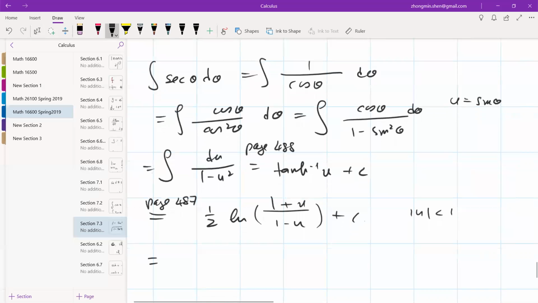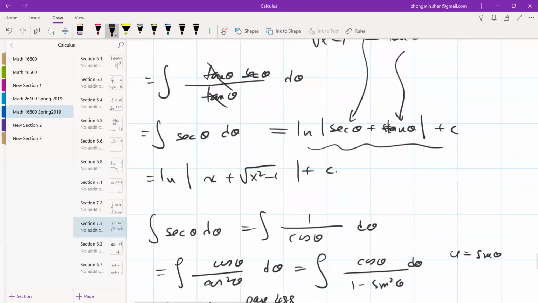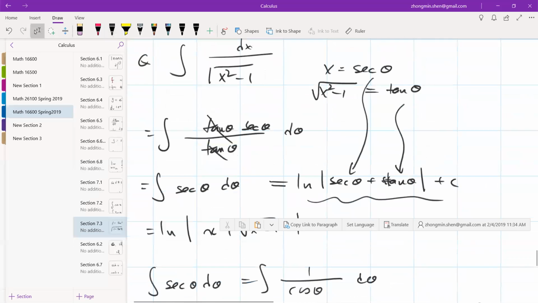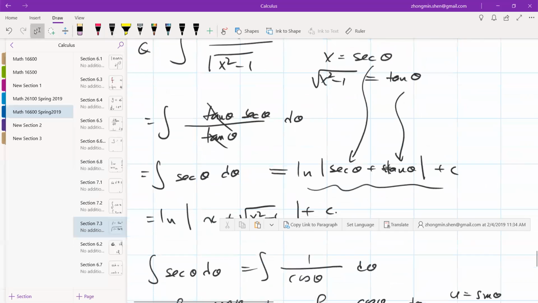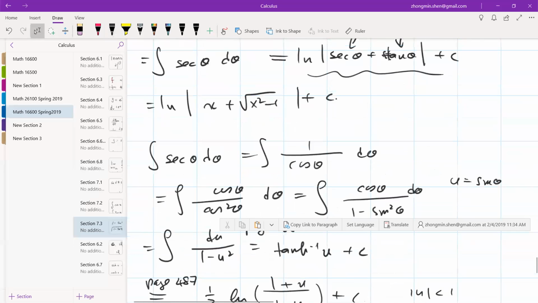Okay, but yeah, this is going to be half of natural log of 1 plus sine theta over 1 minus sine theta plus cos. Okay, but still, we already used the substitution x equals secant theta, right?